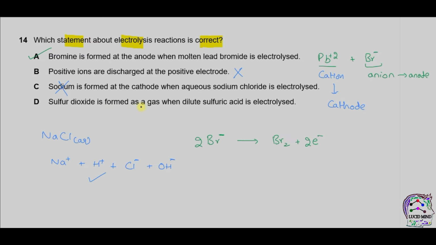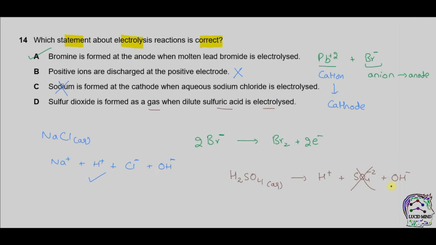Part D. Sulfur dioxide is formed as a gas when dilute sulfuric acid is electrolyzed. Now in electrolysis of dilute sulfuric acid we have these ions present. H⁺ from sulfuric acid, H⁺ from water. We have sulfate from sulfuric acid and we have hydroxide from water. Now as we know, sulfate ions are never discharged, so only two options are left.